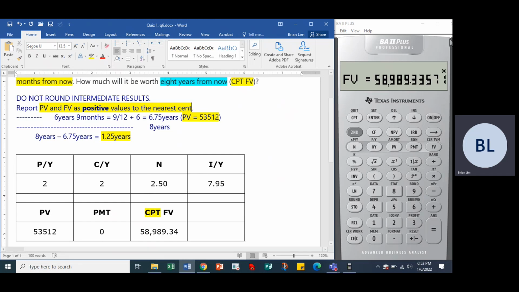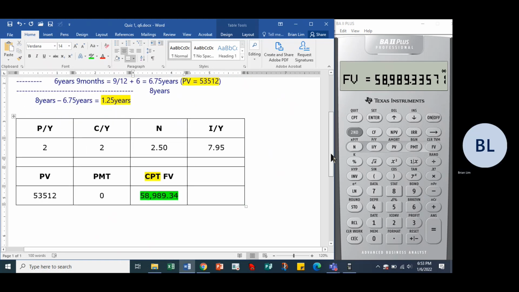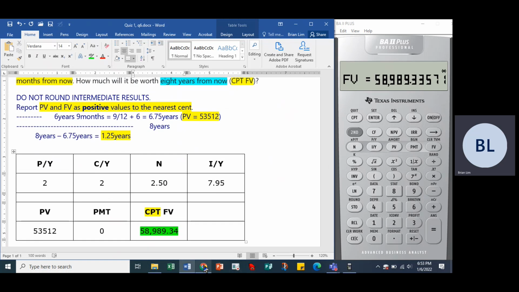Because there is a 5 in the third decimal position, this will become a 4. So hence the answer is 58989.34. And that should be the correct answer. At least we are hoping that that is correct.